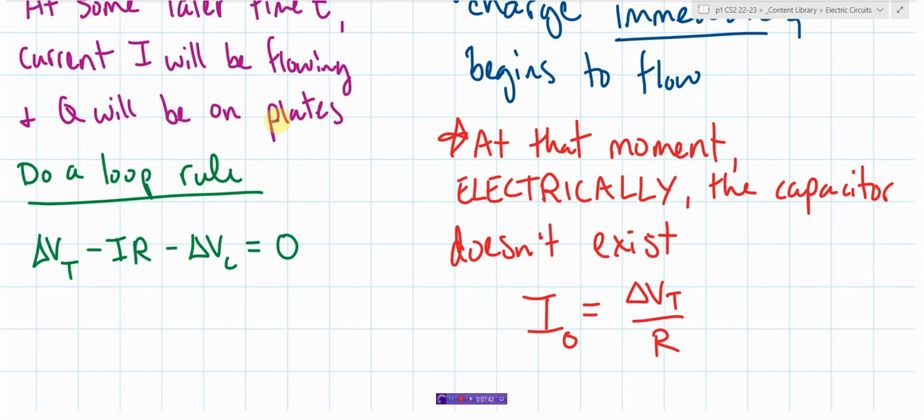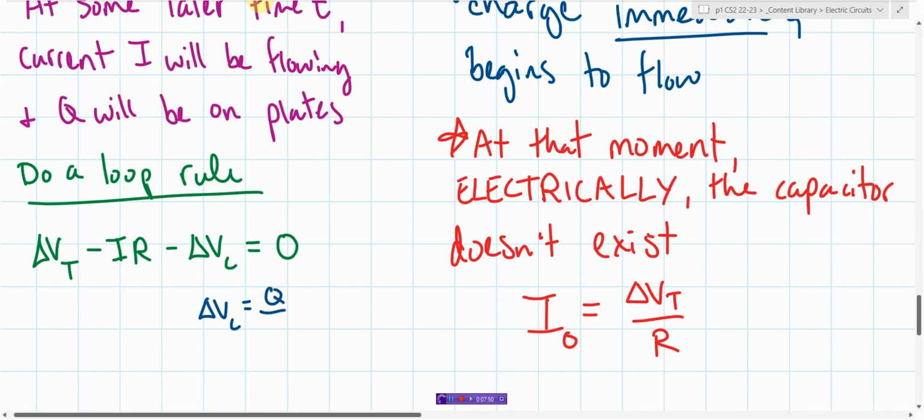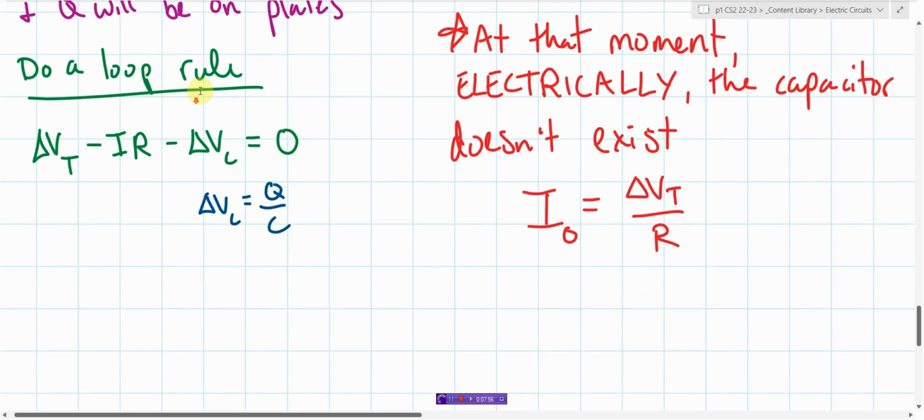With the idea that delta V across the capacitor is the charge on the plates at that moment divided by the capacitance, now I have delta VT minus IR minus Q over C equals 0. Okay.